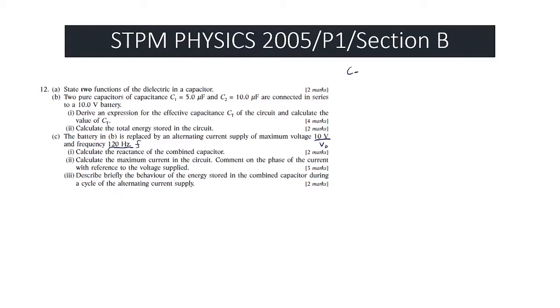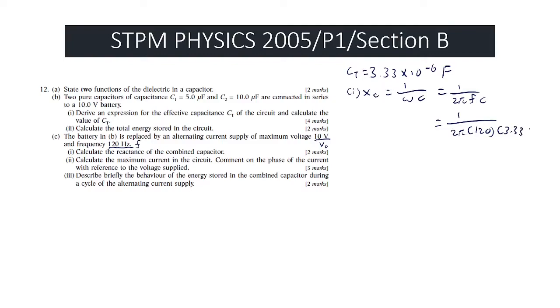So first thing I want to write down is CT from just now, we calculated 3.33 times 10 to the negative 6 farad, and here the reactance is given by XC equal to 1 over omega C, which is 1 over 2 pi f C, which is 2 pi times 120 times 3.33 times 10 to the negative 6.